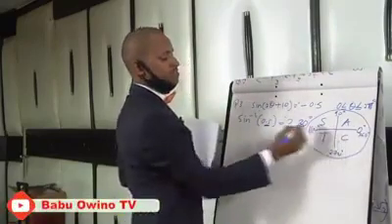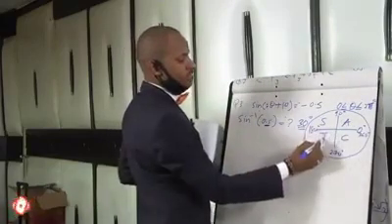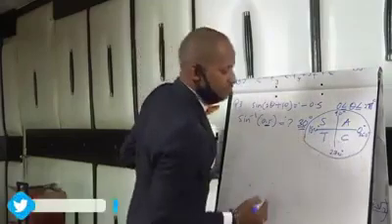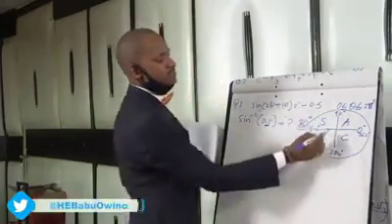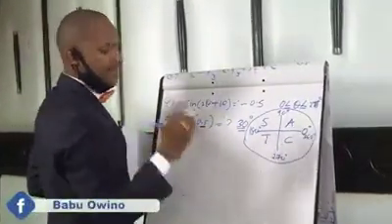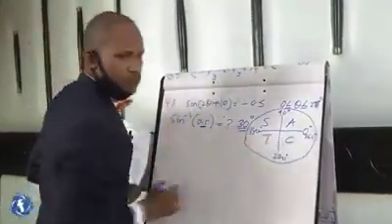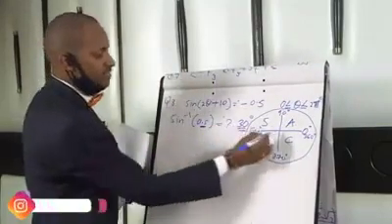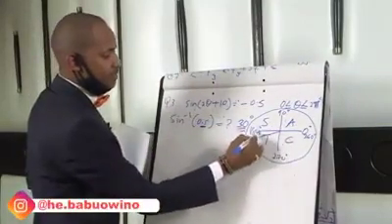Sine is positive in the second quadrant, tangent is positive in the third, cosine is positive in the fourth. Sine is positive only in the first and the second quadrant, although it is negative in the third and the fourth quadrant. So our angle 30 degrees lies somewhere here.